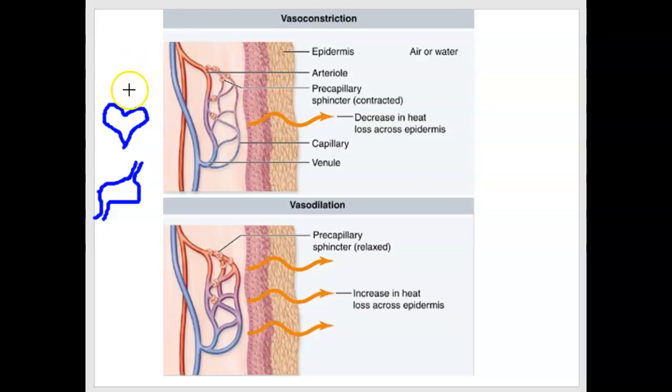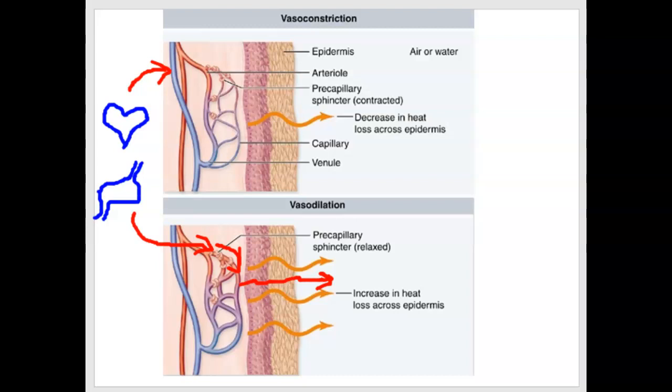So in this case, we'd have blood flow going towards the periphery. Now, blood is warm, very warm. And so when it reaches these capillaries that are in the dermis, heat is radiated across the skin.